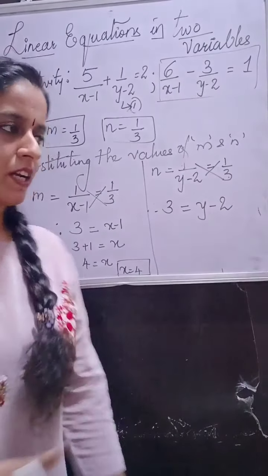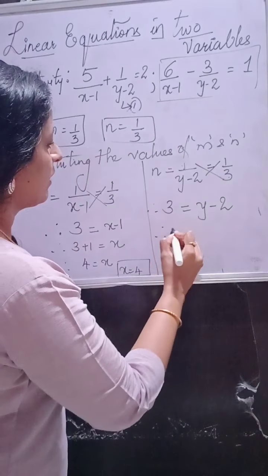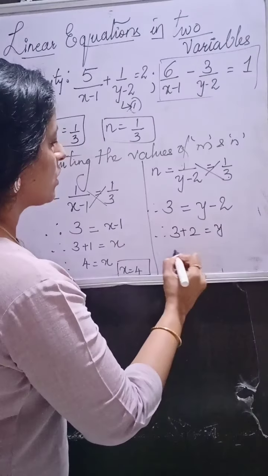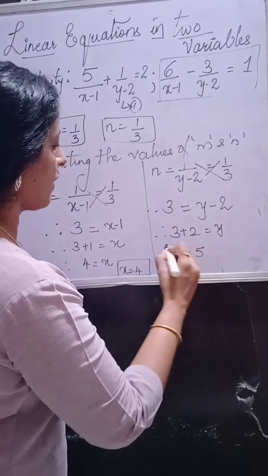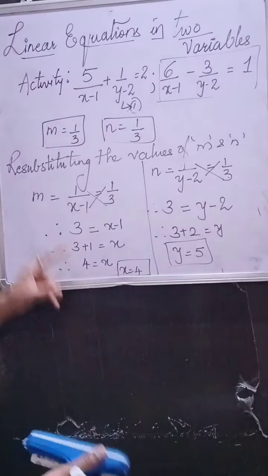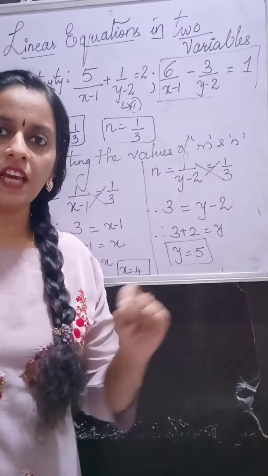Anything multiplied by 1 is the same thing. y minus 2. Now keep y there. 3, minus 2 comes here, plus 2 is equal to y. So we got y is equal to 5. Okay. So now we have done with the sum. What is the solution? x is equal to 4 and y is equal to 5 is the answer.